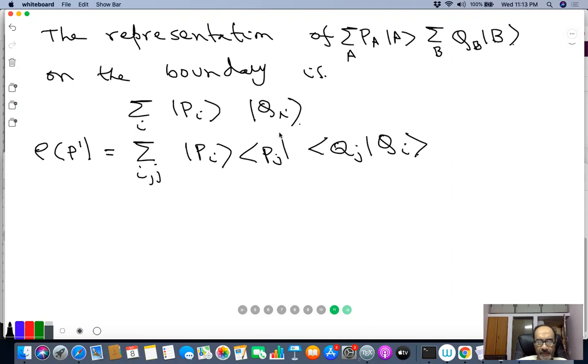This is what comes out of tracing over the basis states B. So this is a density matrix that is supported on the basis states A, because P is a linear combination of the basis states A. Is this clear?